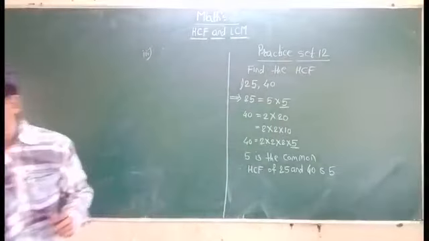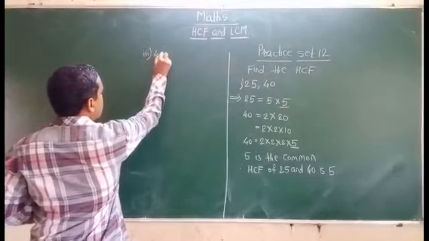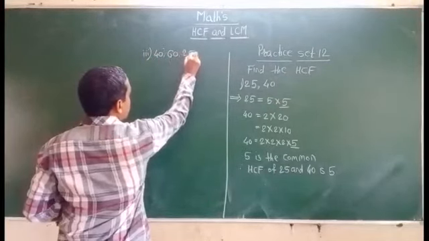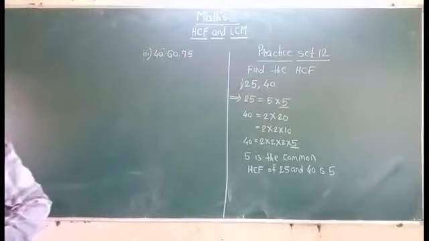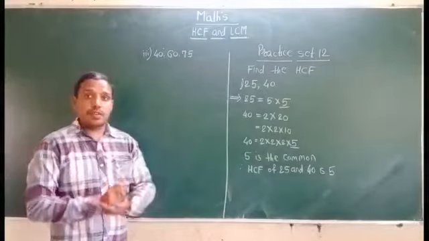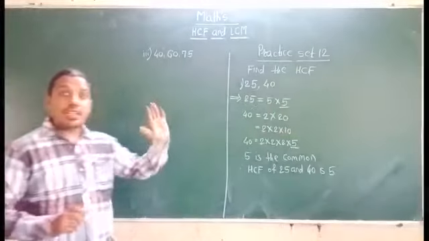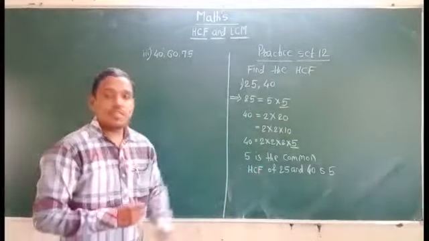One more example: 40, 60 and 75. Three numbers are given and we have to find the HCF of these three numbers. We follow the same procedure.